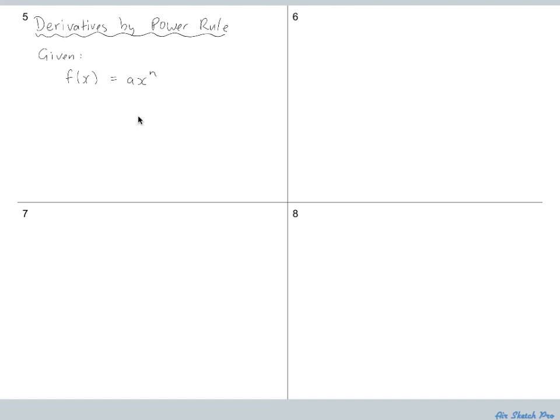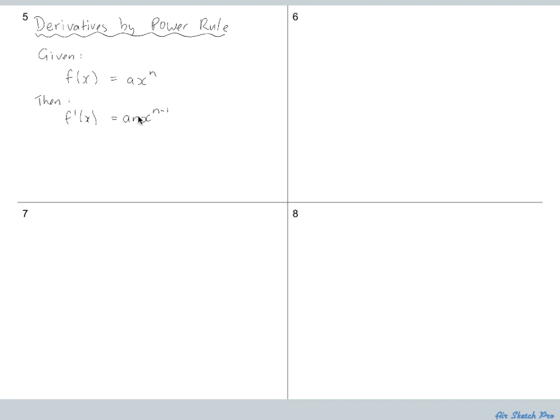This is just going to be so cathartic, to know that the rule is so straightforward, really. So given a function where you've got a multiplied by x to the power of n, and that's it.